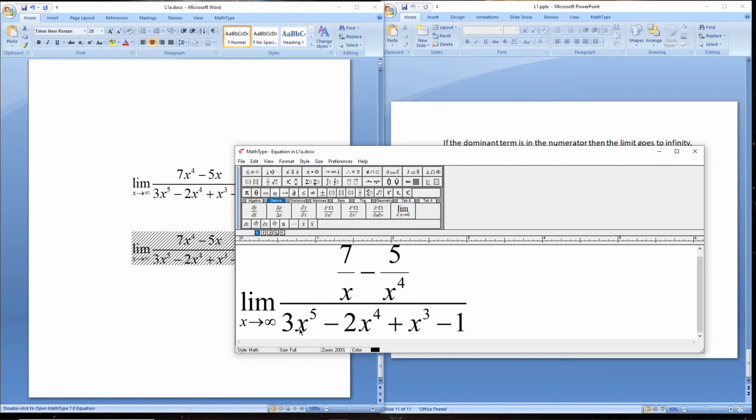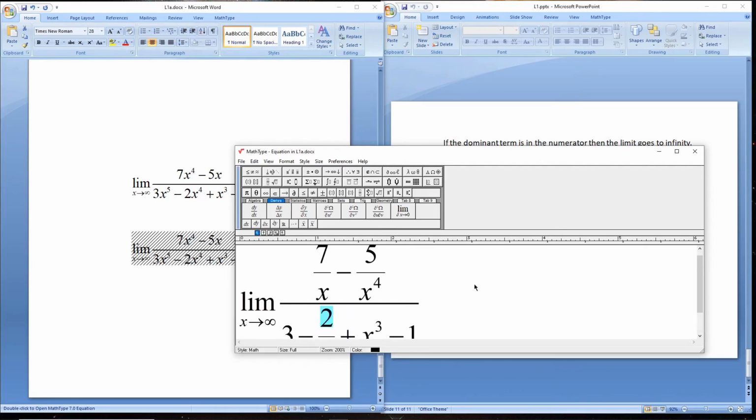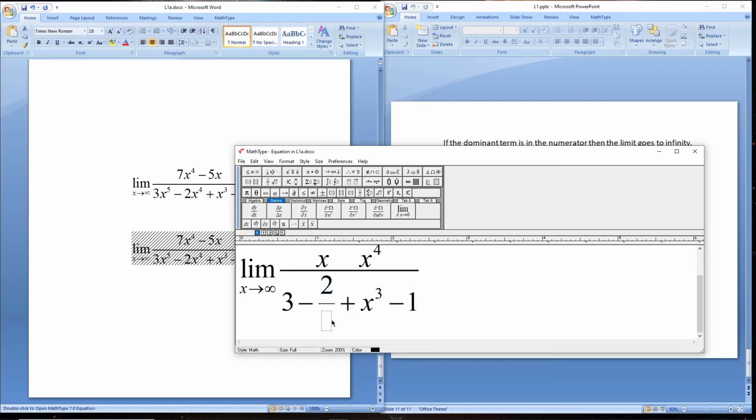And x to the 5th divided by x to the 5th is 1. x to the 4th divided by x to the 5th would get an x in the denominator there. x cubed divided by x to the 5th, 1 over x squared. And 1 divided by x to the 5th is 1 over x to the 5th.